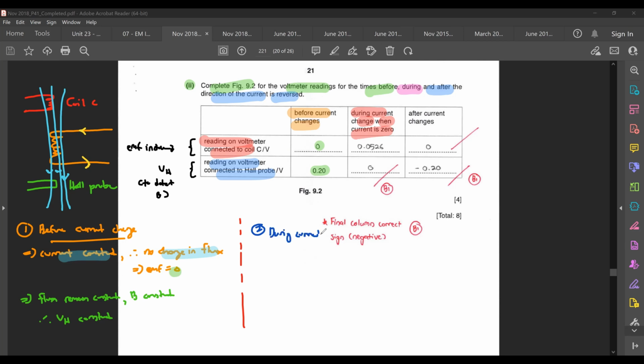During current change, your current has actually reversed. So therefore, there is change in flux. You would have EMF induced. Thus, EMF is induced.